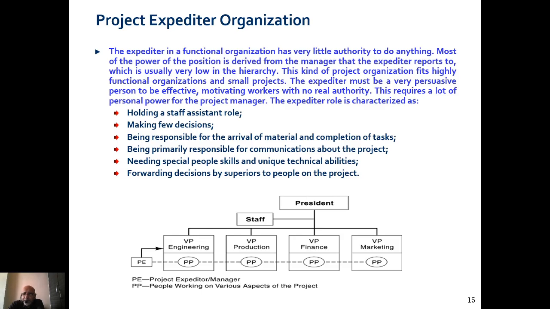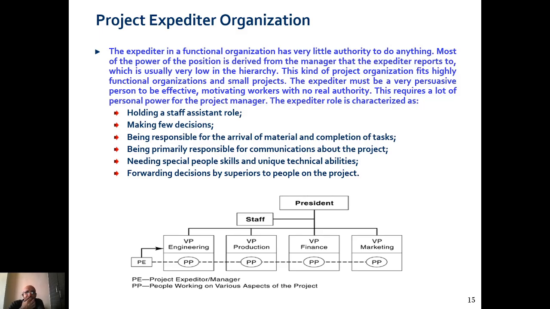If you eliminate the PE, that is the project expeditor, and staff, there is some staff allotted in between the VP and the president. So this is a bureaucratic kind of organization. If you eliminate them, it will look like a pure functional organization. So only you can make a few decisions here because your work will be monitored, right?